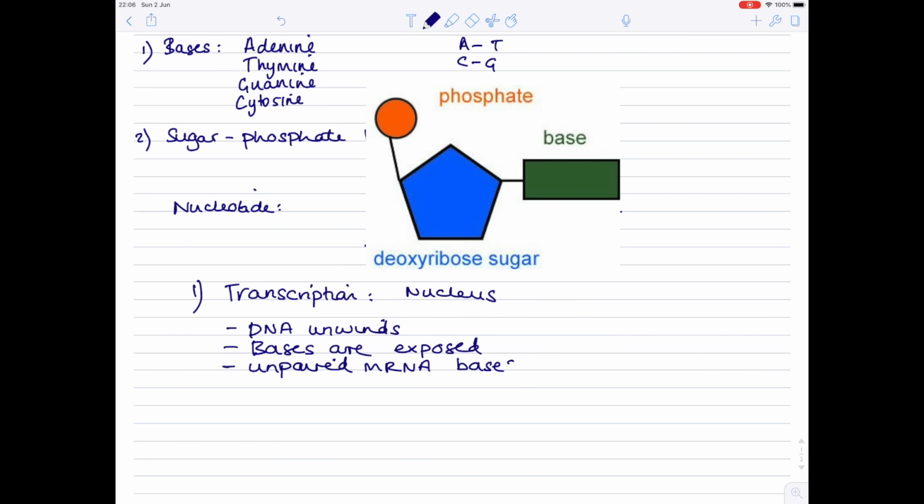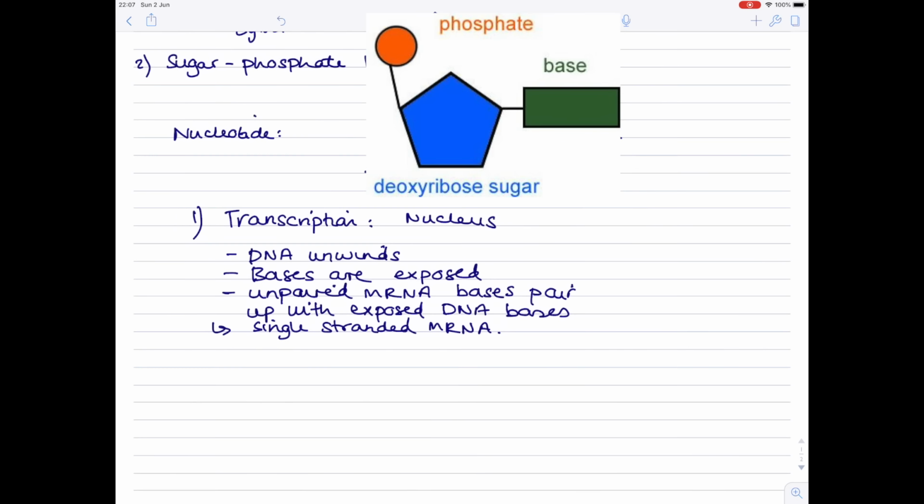Bases pair up with exposed DNA bases, forming a single-stranded mRNA molecule. And notice that RNA has no thymine, so uracil is used instead.